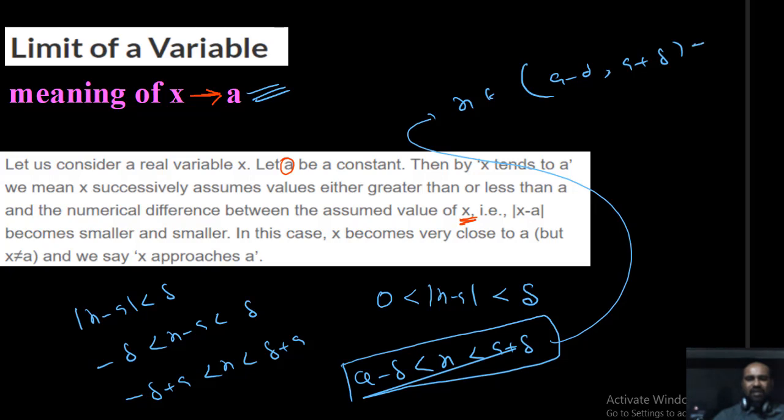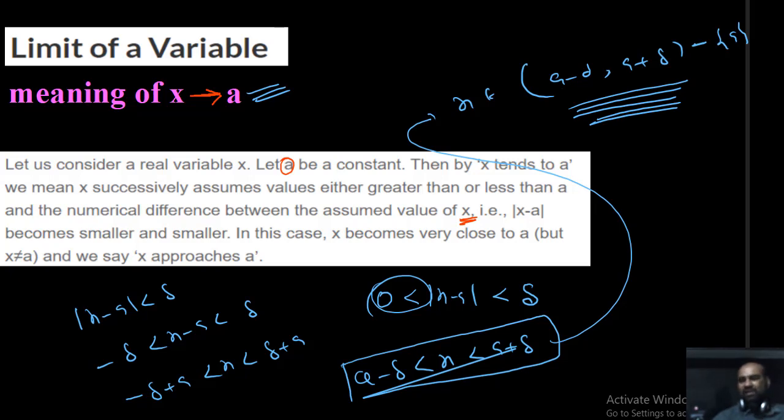So I can write minus a also, a minus delta to a plus delta except a, because x is never equal to a. This also should include x never equal to a. That's why I can say x belongs to open interval a minus delta to a plus delta minus the set a. What is the meaning of that? x is defined in the deleted neighborhood of a.